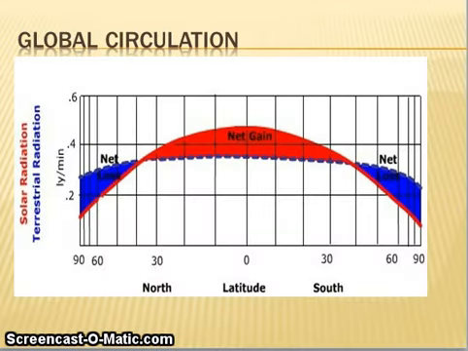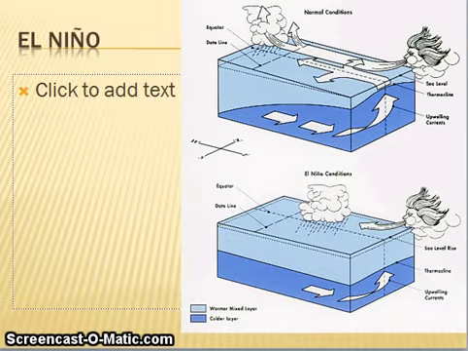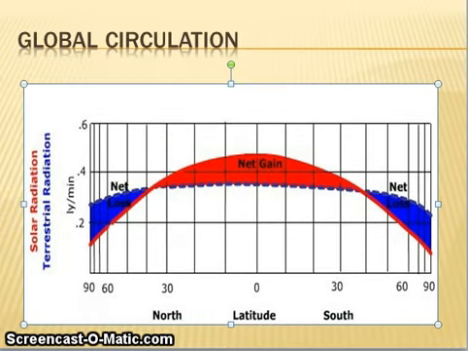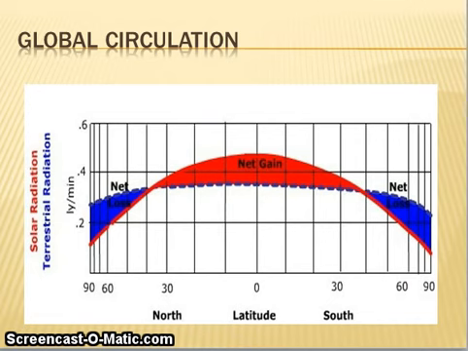So we're back at this idea of the global circulation system, where we have a net gain of heat along the equator, and then less radiation at the poles.